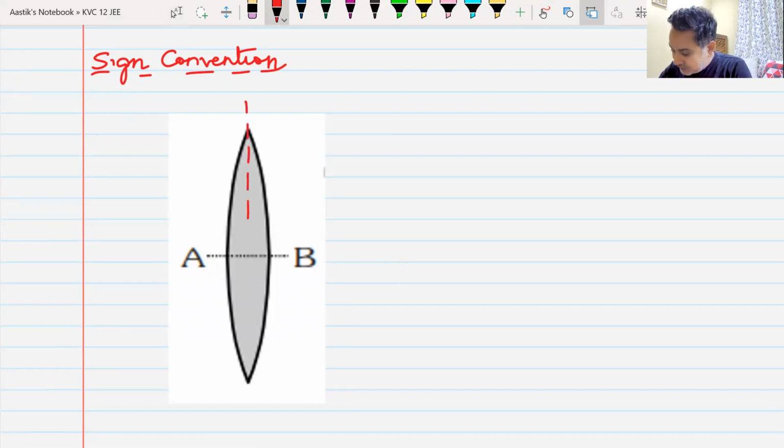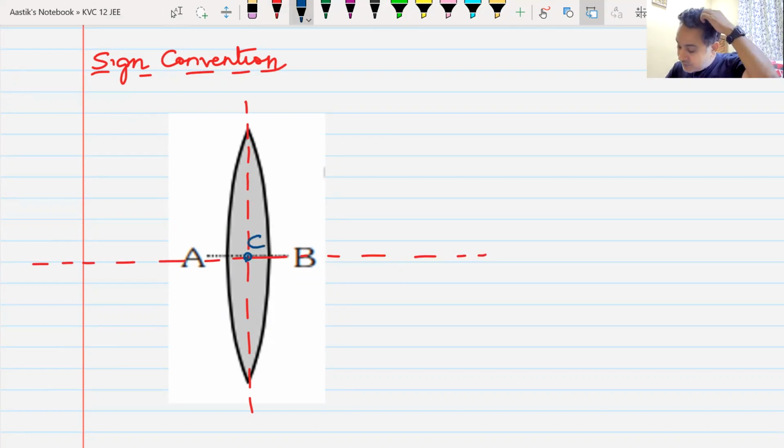What I do is I make this optical axis and then I make this principal axis. This is called the center, optical center C. What is the first thing that you must remember about the sign convention? Number one, tell me.